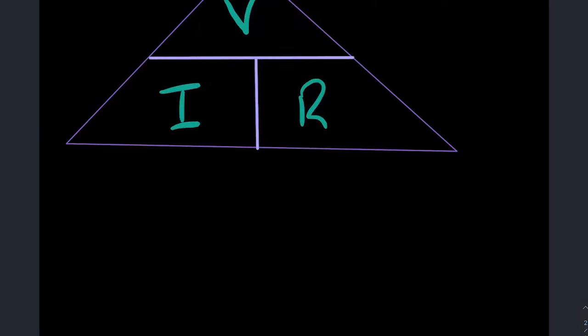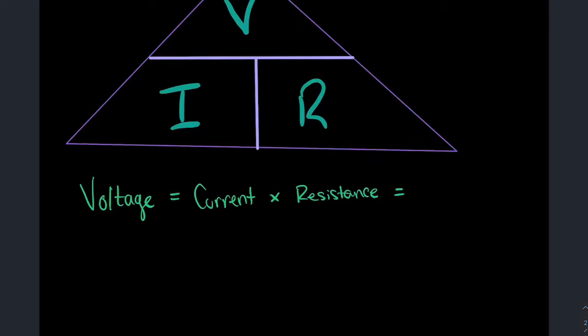So what we're going to say is that, well, we know that voltage is equal to current times resistance, which is also equal to, I'm going to break these down to their symbols. So V equals I times R. Okay.